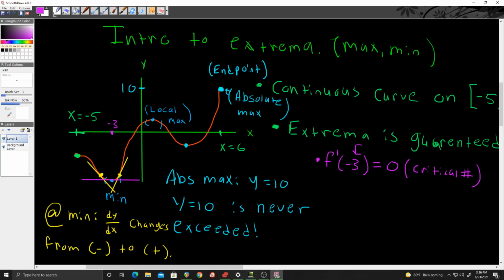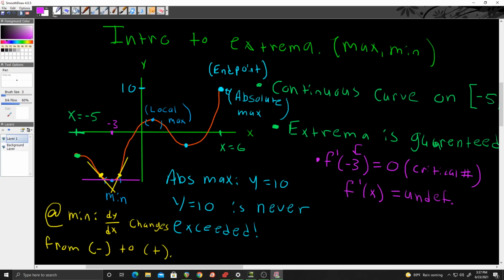Critical numbers are found when you set the derivative equal to 0, and whatever that x value is, that is your critical number. You can also find critical numbers by taking your first derivative and setting it equal to undefined. We're going to talk about the undefined thing in a separate video. But anyway, this is how we find the critical numbers.